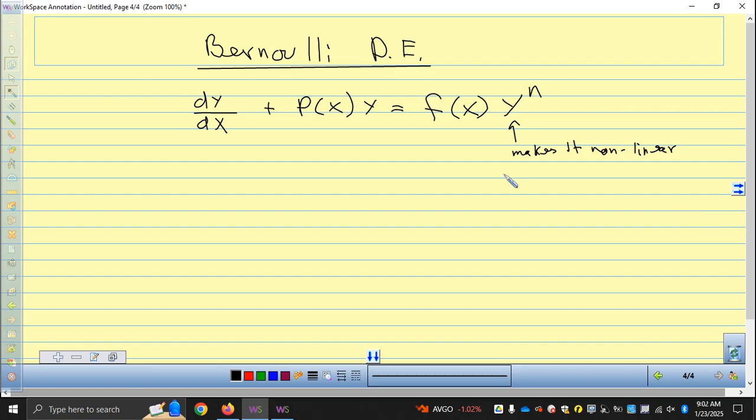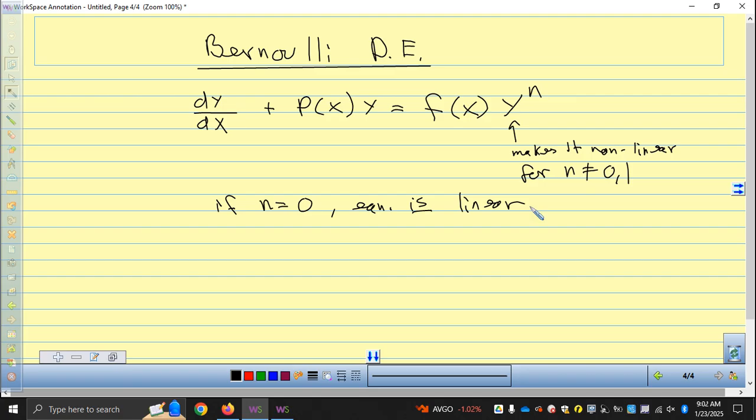Now, I'm going to say for n not equal to 0 or 1. If n equals 0, the equation is linear, because then we just have dy/dx plus p of x y equals f of x, and we can find our integrating factor and solve that.